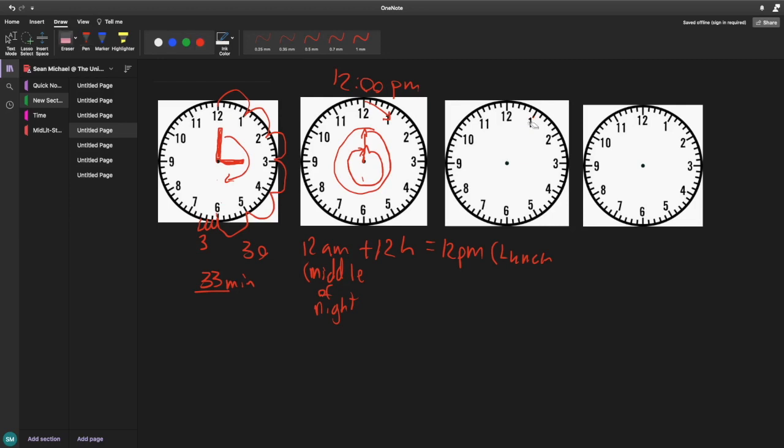But if it's 1 in the morning, that's 12 hours before, that'll be 1 a.m., and we're all probably sound asleep. Okay, I don't want to beat that horse too much.